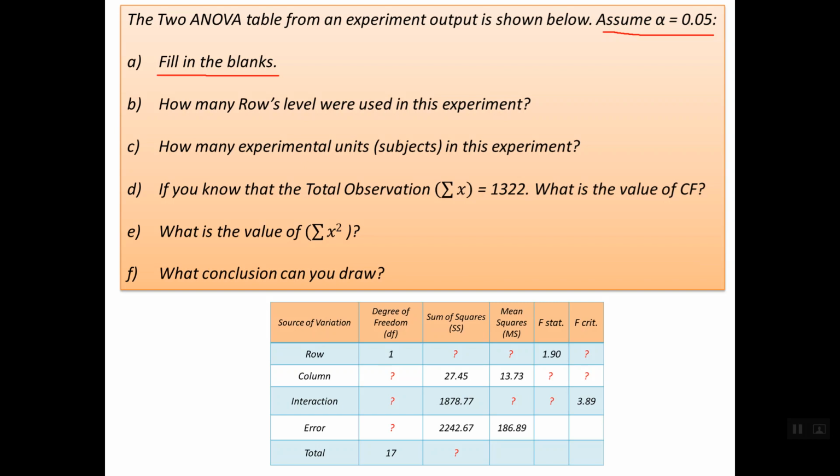We have some other short questions. How many row levels were used in this experiment? How many experimental units, sometimes called subjects, were in this experiment? If you know that the total of the observations, the summation of x, is equal to 1322, what is the value of the correction factor?